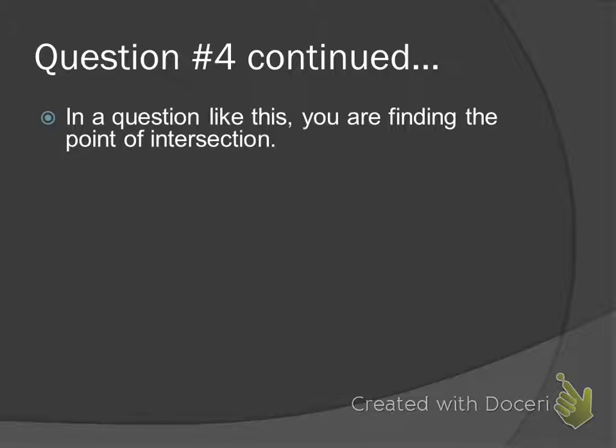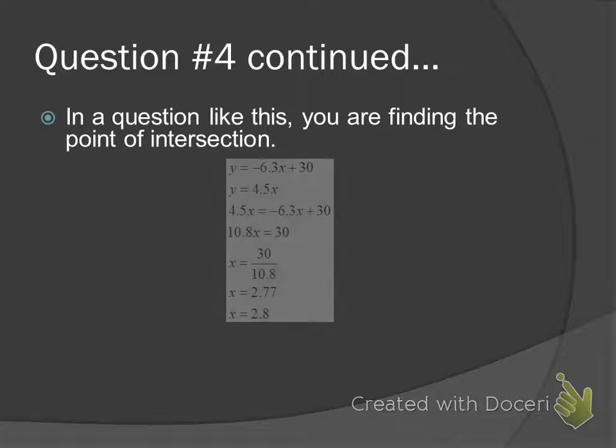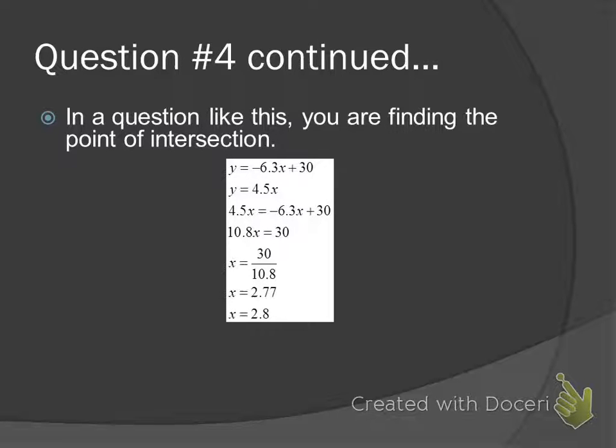So when we actually look at this and we try to calculate the question, we're really finding two equations that represent the two objects. So again, this first one here, that would be object A, right? That is the equation of the line.